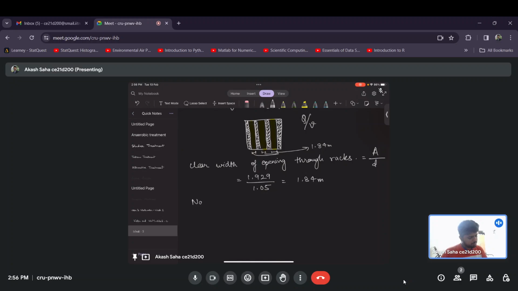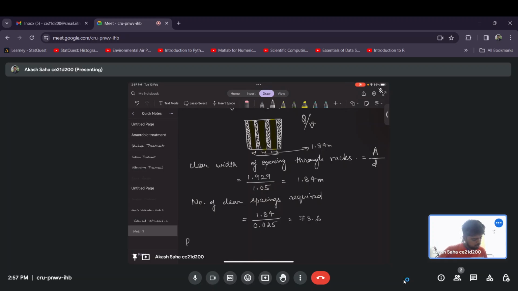So my number of clear spacings required will be equal to 1.84 divided by my clear spacing between bars. It is given as 25 mm, so 0.025. So it will be 73.6.